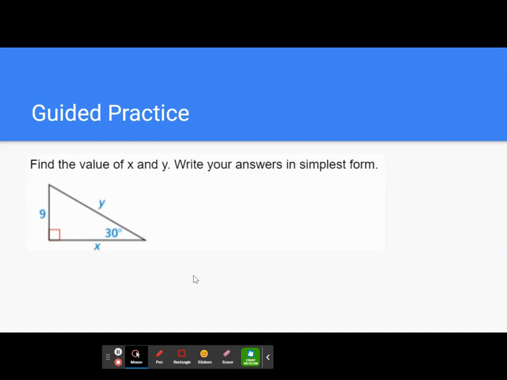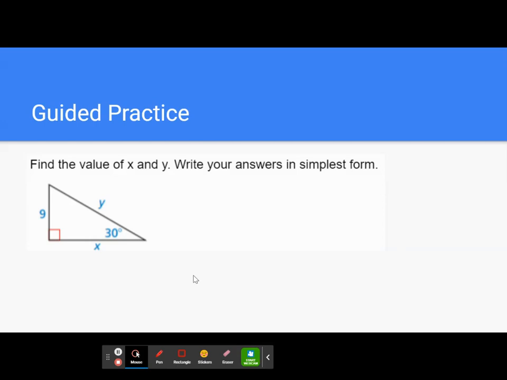X is the long leg, so X equals. I think we're going to be wrong. No, you're good.